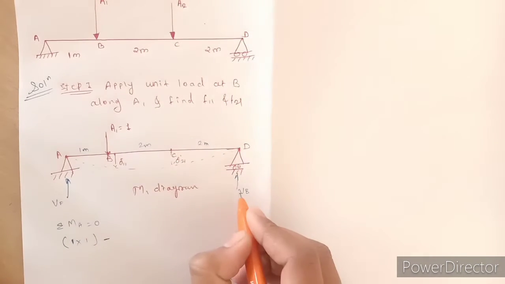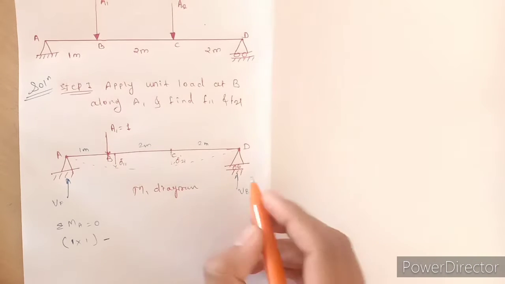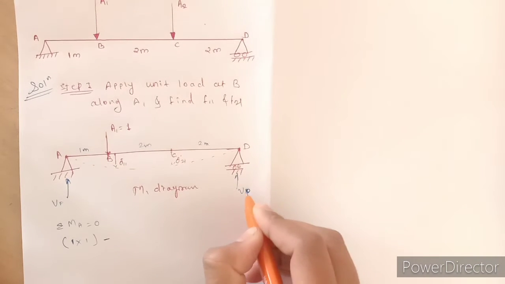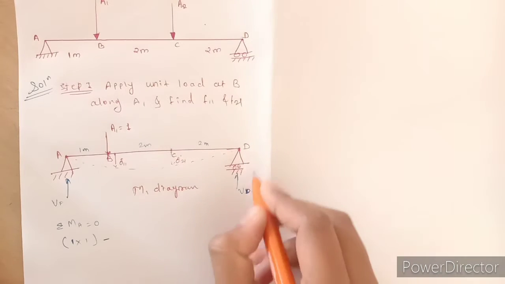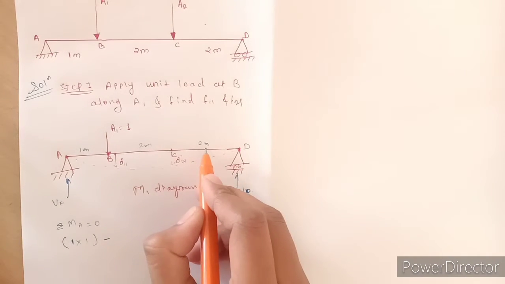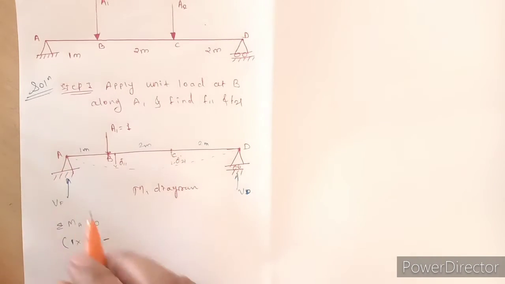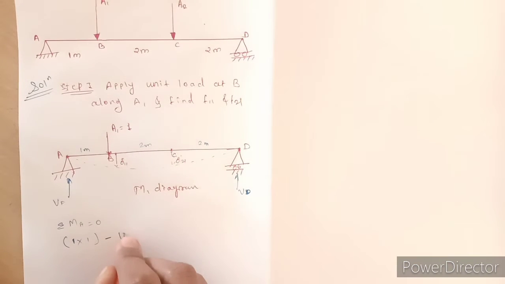Then minus VD, the vertical force at point D, multiplied by the total distance 2 plus 2 plus 1, that is 5 meters. So 1 minus VD multiplied by 5 is equal to 0.